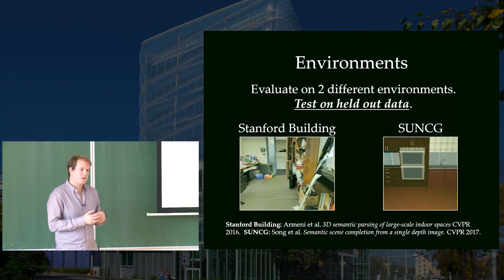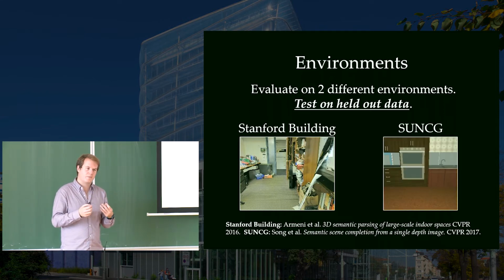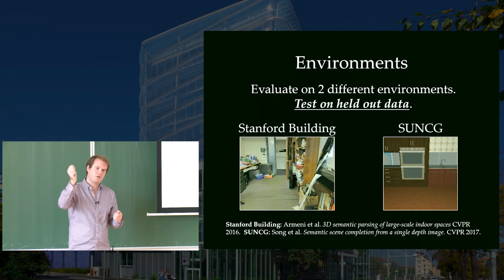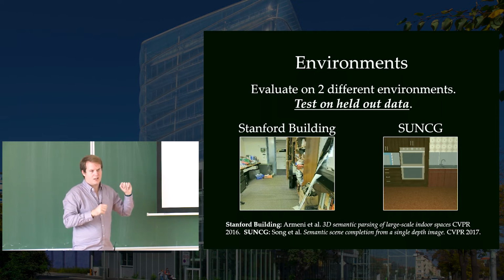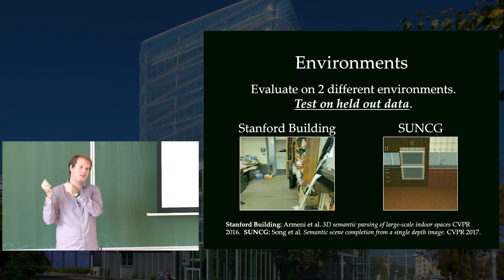The other thing we test on is a data set called SunCG. And this is a graphic environment in the sense that it's a bunch of models placed in a bunch of rooms. The rooms were created by humans for the purpose of redecorating houses. So this layout is quite good. The models are OK. But the reason why this is actually useful is because you can remove a model, or you can add a model.